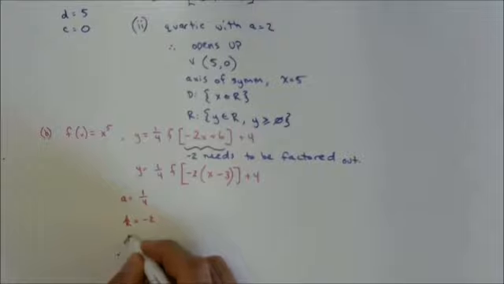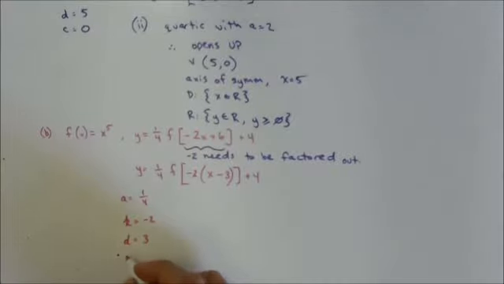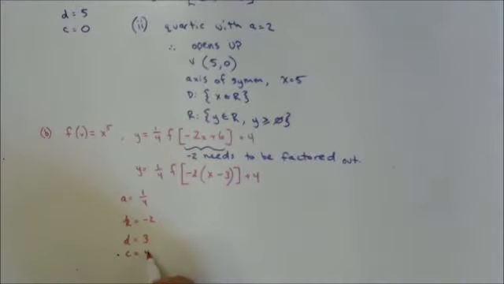Then we have D, which is 3. That's going to cause a horizontal translation 3 to the right. What would D be if it's 3? C is 4. That's going to cause a vertical translation 4 units up.